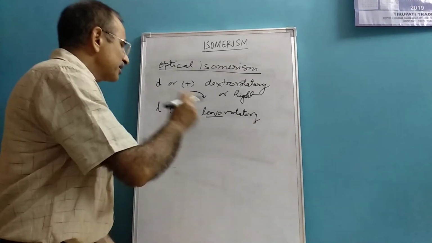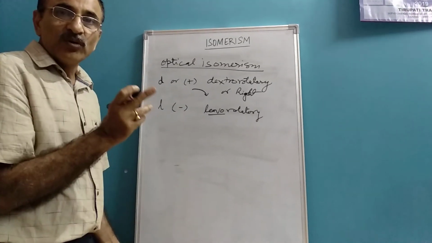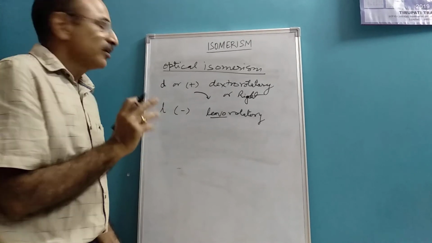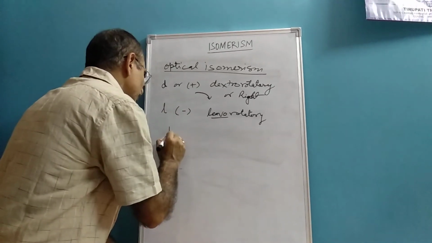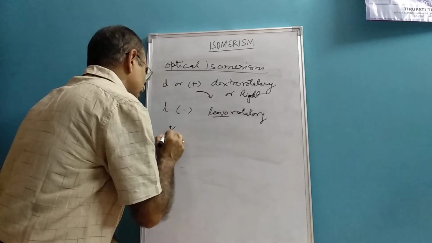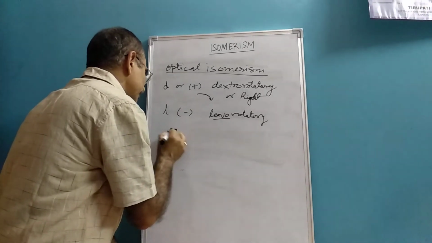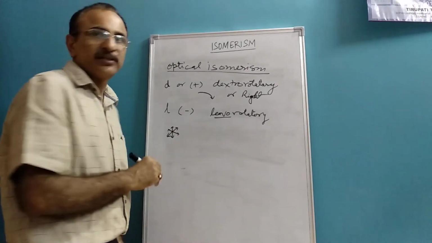Now we are coming up to plane polarized light. Normally when you are going to observe normal white light, it vibrates along all possible directions.